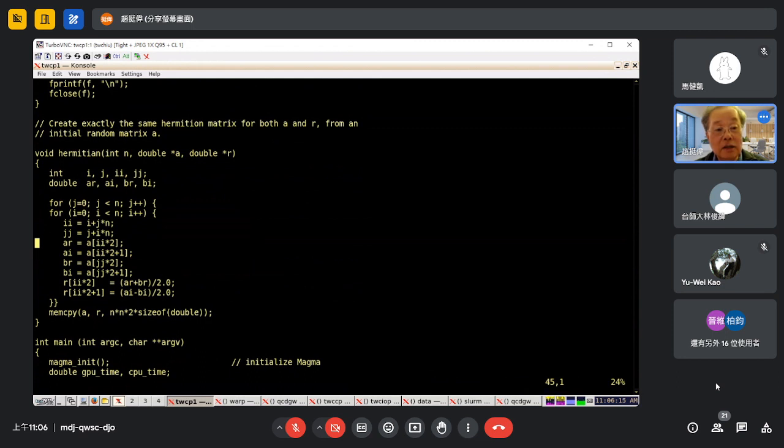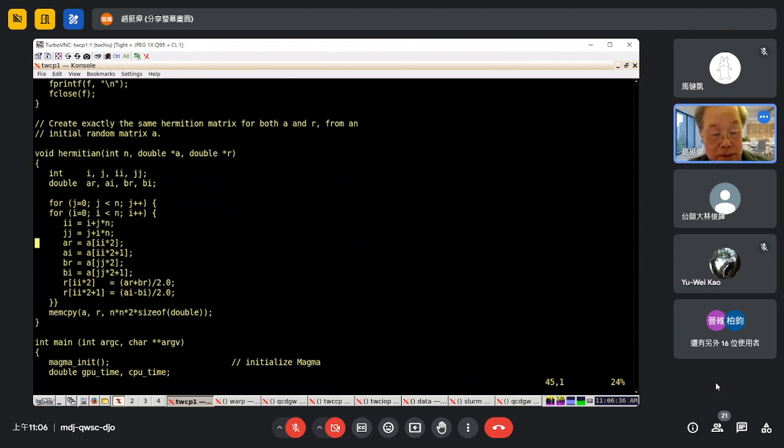Given any matrix A, I get A plus A dagger, and then divide by 2. A dagger is the adjoint: you take the complex conjugate and then take the transpose.